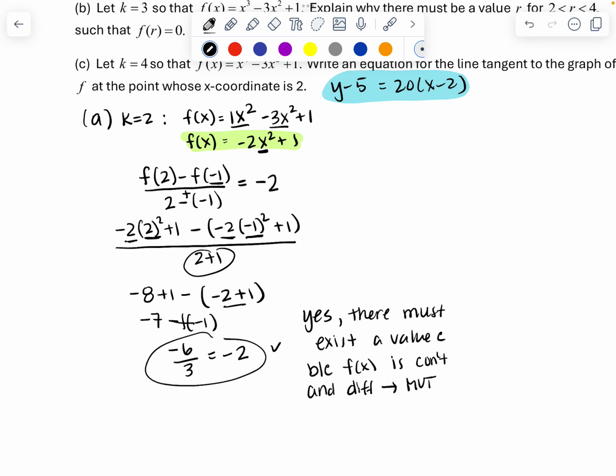You have to state that the function is continuous and differentiable. You have to state mean value theorem and show that it actually worked.